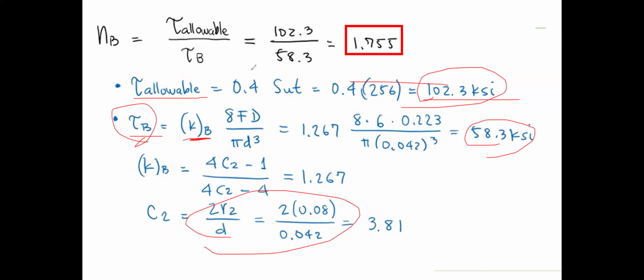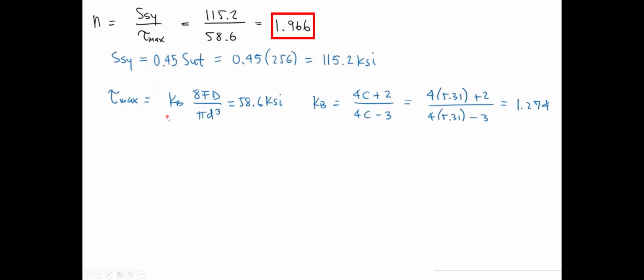We plug these numbers here and here, and we get a safety factor equal to 1.75. Finally, we have to consider the torsional stress and the maximum shear. We plug these numbers here and here, and we got 1.966.